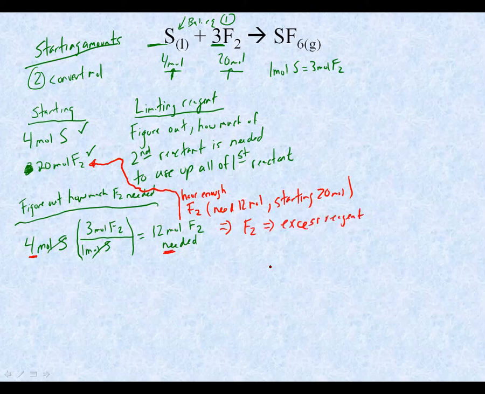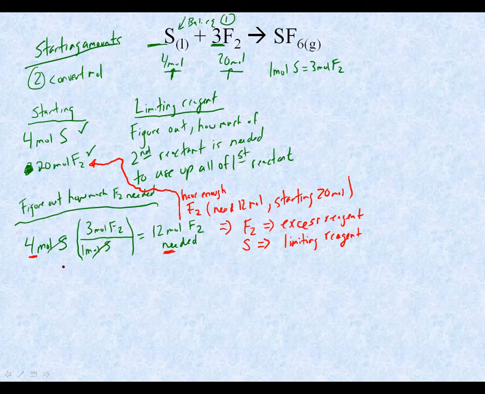And that's important because by default, that means the sulfur would have to be our limiting reagent. So if you can figure out one of those, which one is the limiting or which one is the excess, by default the other one has to be the opposite. Yes, again, that's correct, Grace.